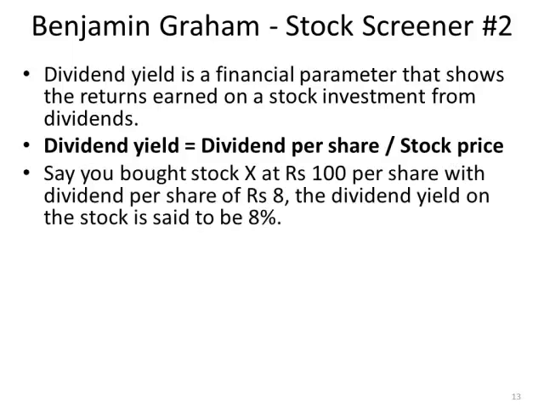Suppose we bought a stock X at 100 rupees per share, and the stock paid a dividend of 8 rupees per share. Then the dividend yield would be 8%, because 8 divided by 100 is 0.08, times 100 to put it in percent form, gives 8%.